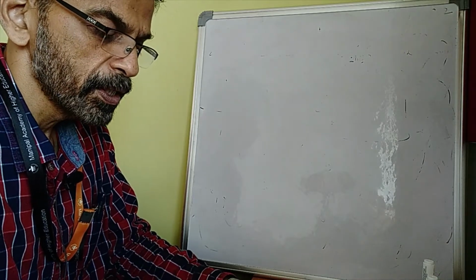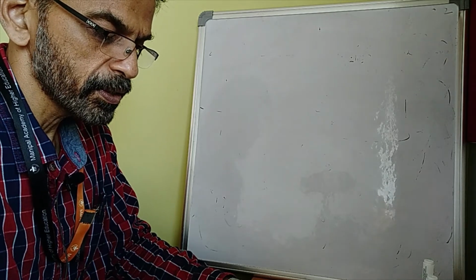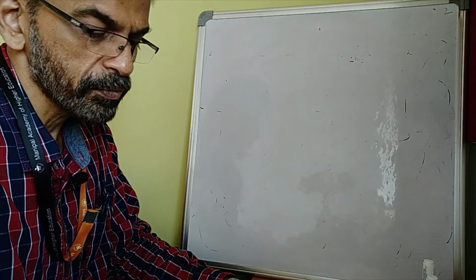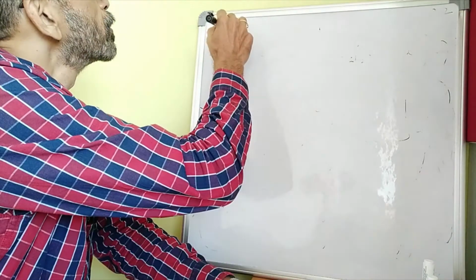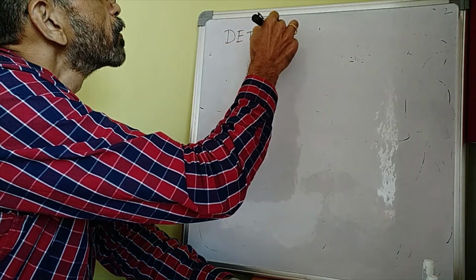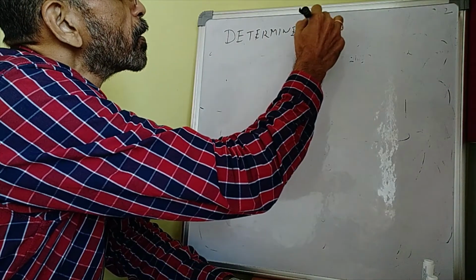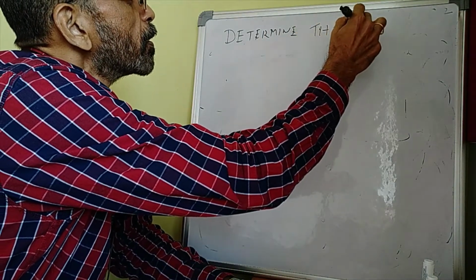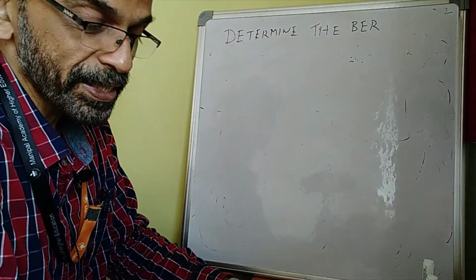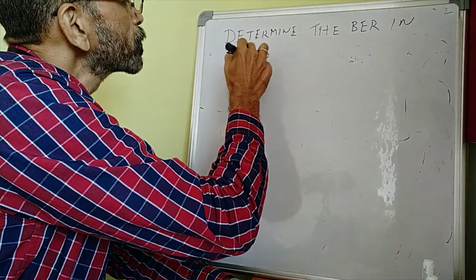In this example, the analysis is posed as a question. The question is that we have to determine the bit error rate or the probability of bit error in QPSK.